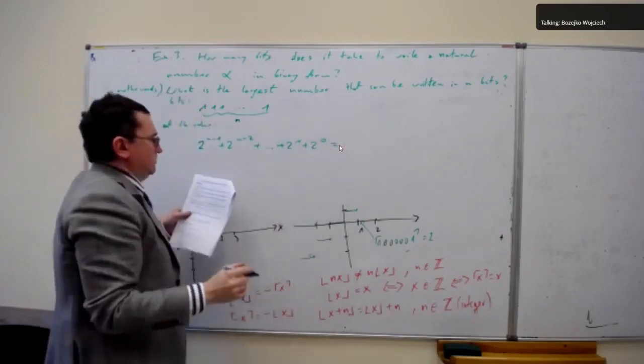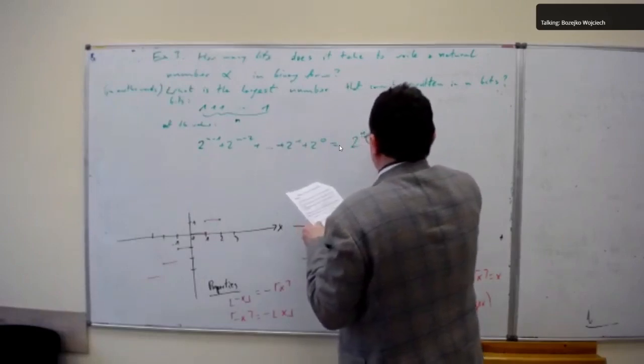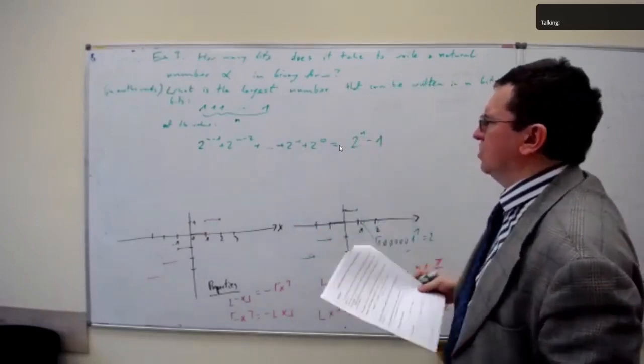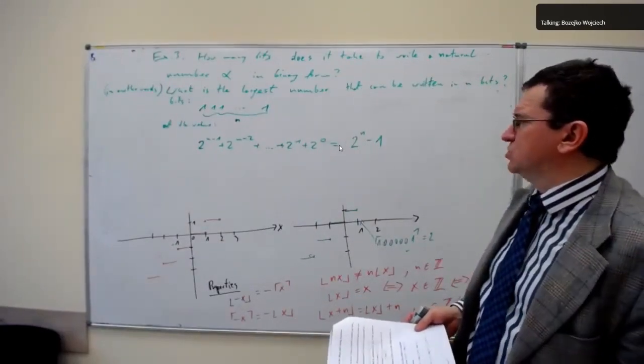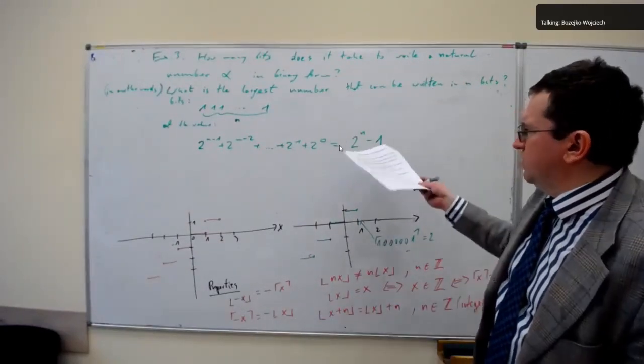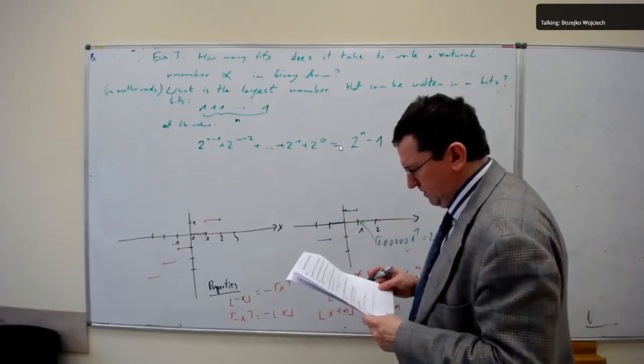So this can be written as 2 to the power of n minus 1. It is easy to show that the sum of such a geometrical sequence is 2 to the power of n minus 1. It doesn't matter here how to prove it. This is quite simple.